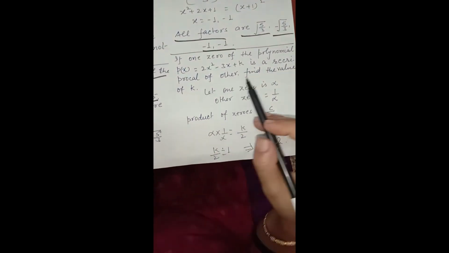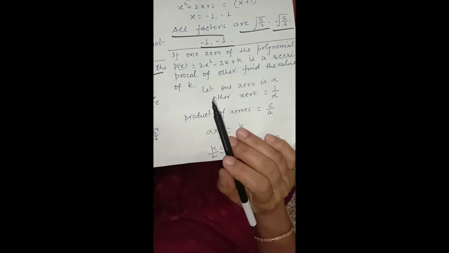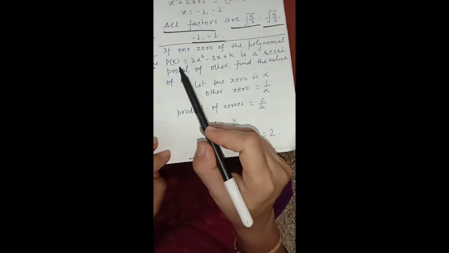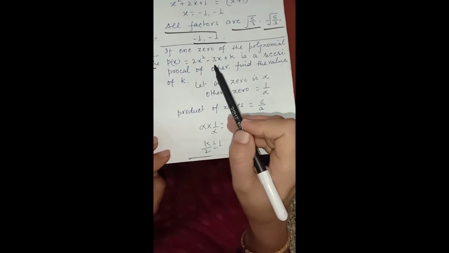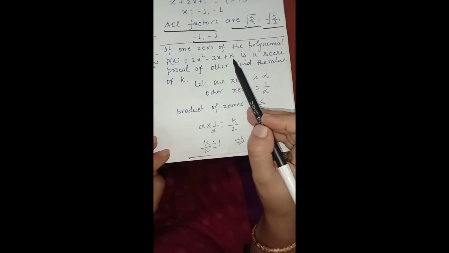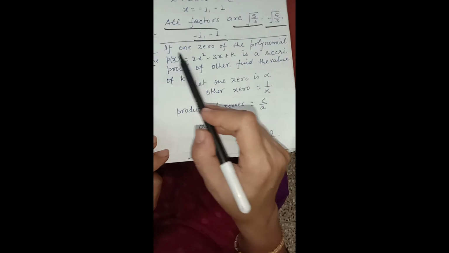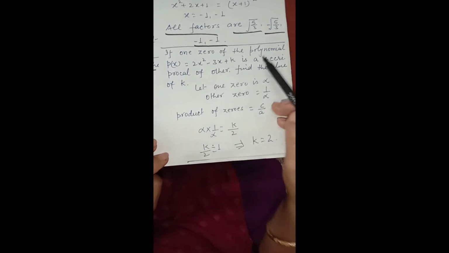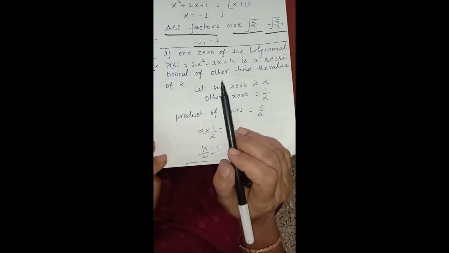Now the question based on the same thing, coefficients and the zeros. Here a polynomial p(x) equals 2x square minus 3x plus k is given. If one of the zeros of this polynomial is the reciprocal of the other, what is the value of k?